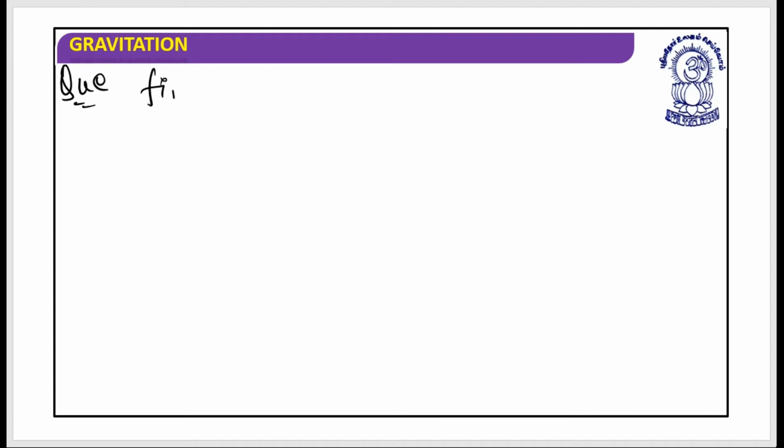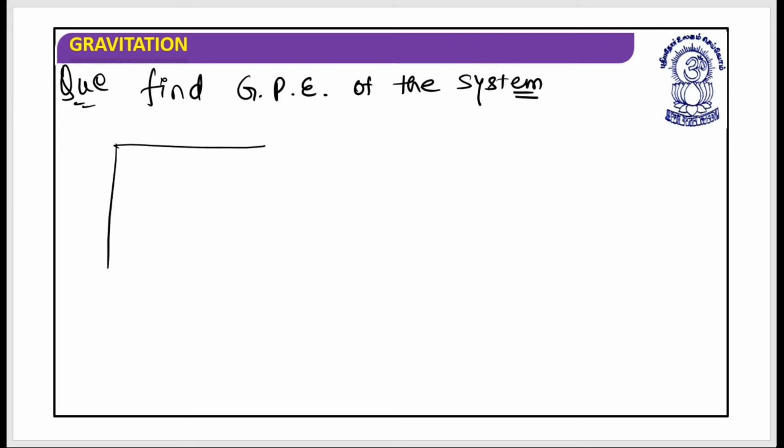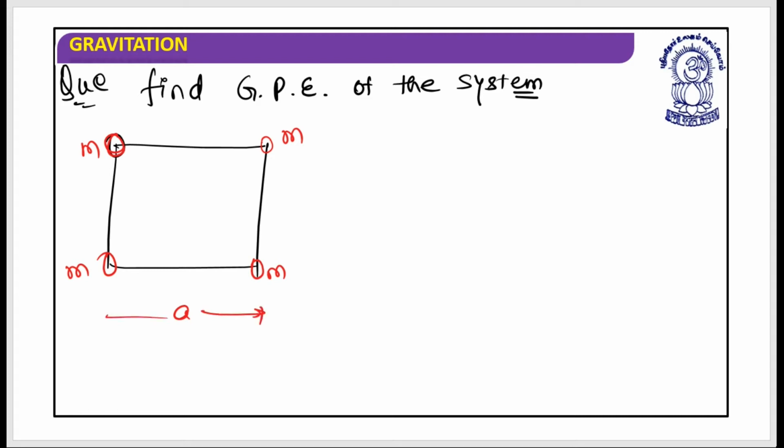Do it quickly. Find the gravitational potential energy of the system. Now there is a square having masses on its vertices: M, M, M. The dimensions of the square are A by A. You need to find the gravitational potential energy of the system.